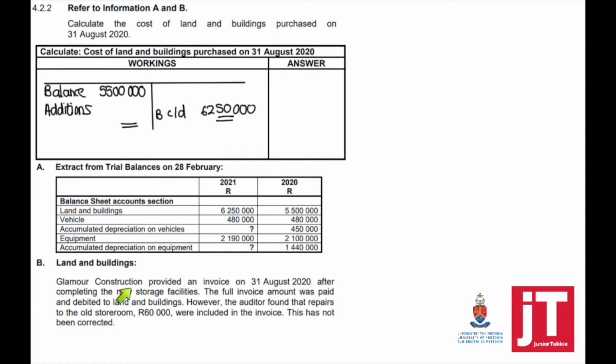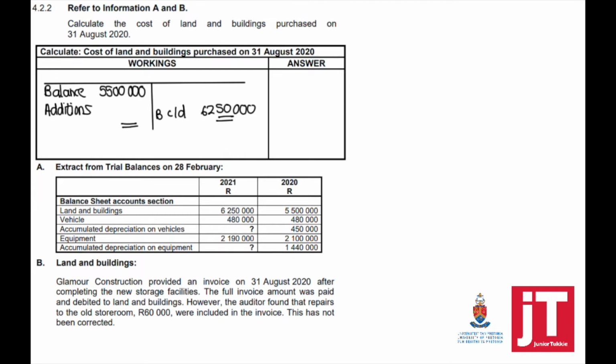Now they're saying to us in information B, Glamour Construction provided an invoice on 31 August 2020 after completing the new storage facility. The full invoice amount was paid and debited to land and buildings. However, the auditor found that repairs to the old storeroom, 60,000, were included in the invoice. This has not been corrected.